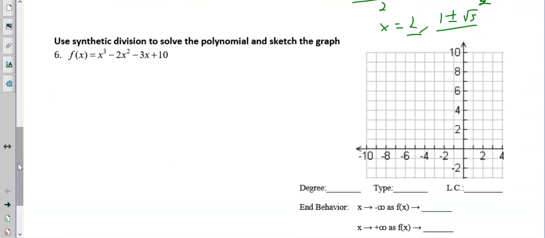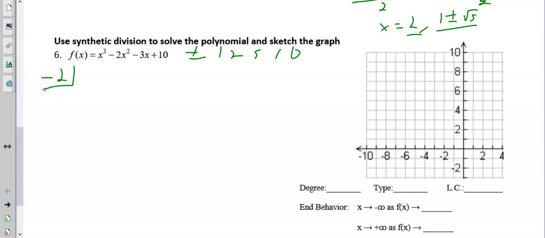All right, number 6, it says use synthetic division, which means we need to find one of the numbers that work. So again, on this one, it's going to be plus or minus 1, 2, 5, or 10. Use your calculator. Find one that works. Okay. There's only one real good one, and that's going to be -2. All right.